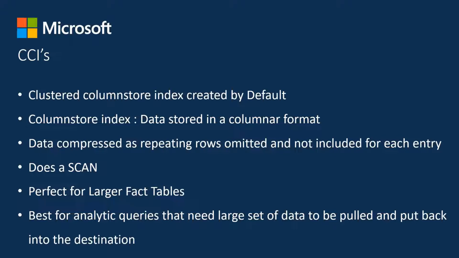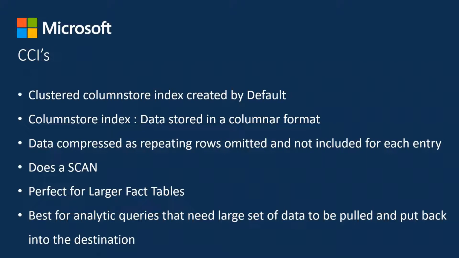Seek will help if we have very few records, then we can directly point to the place where my answer is residing. That is the actual seek. But a scan goes through all, and when we take data out of millions of records, it's actually much faster.